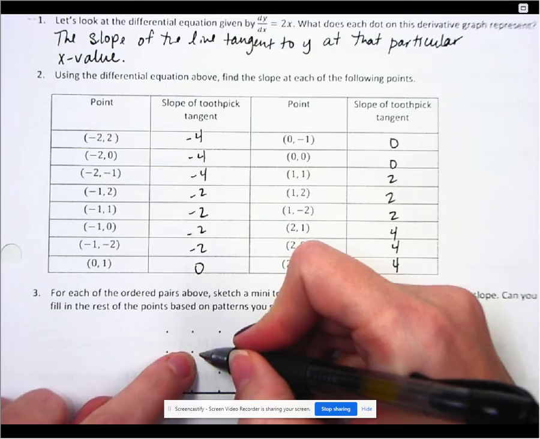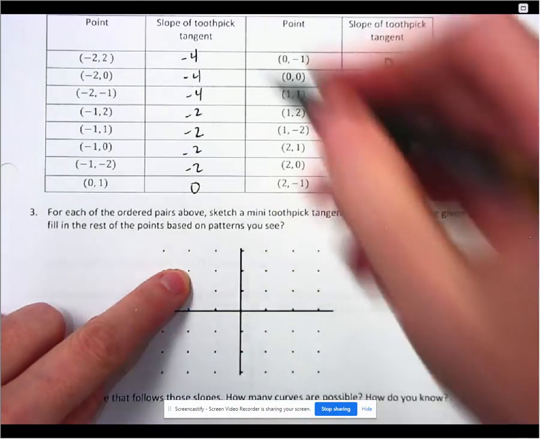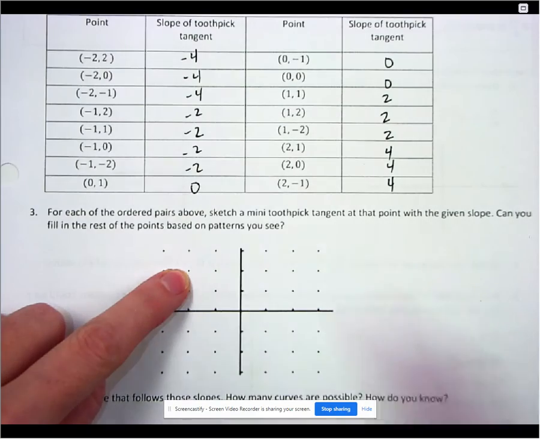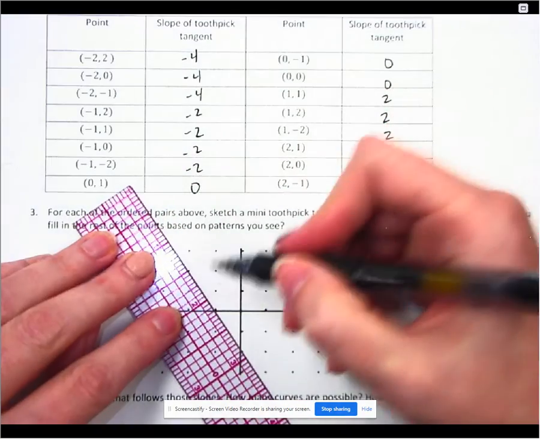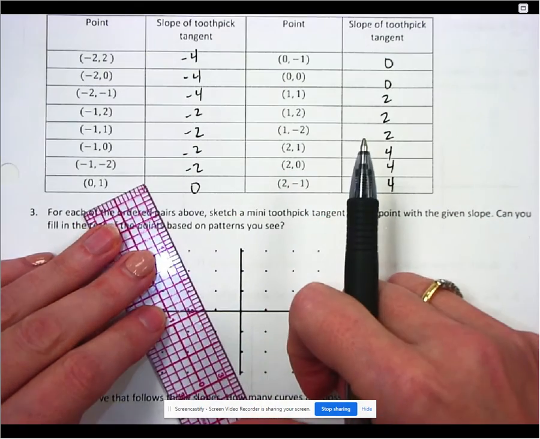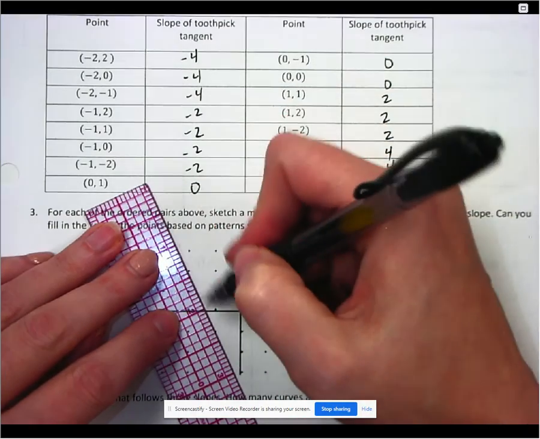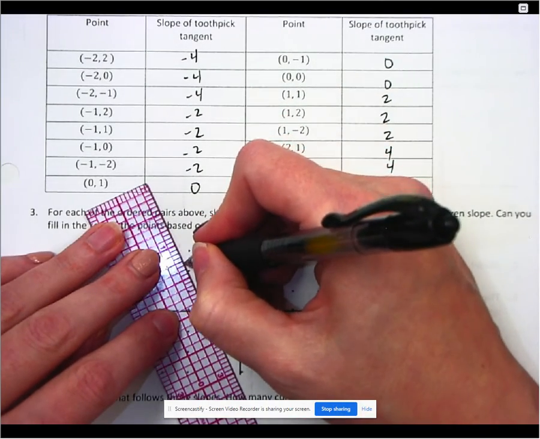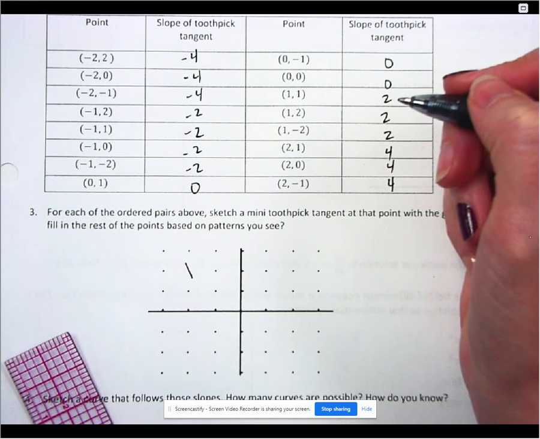At that point, we're going to draw a little tiny line that has a slope of -4. So I'm going to put the corner of it on that. And a slope of -4 means we're going to go down 4, right 1. So it should be that slope. We're not going to draw that big of a line. We're just going to draw a teeny tiny line segment that has a slope of -4.